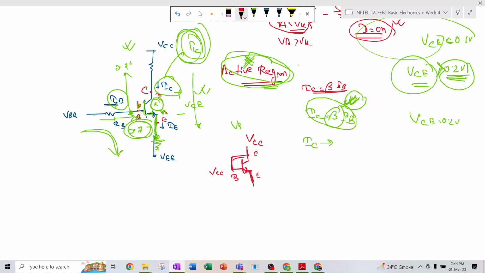So if there is some resistor, there should be a current flow. This is IC, and this current.